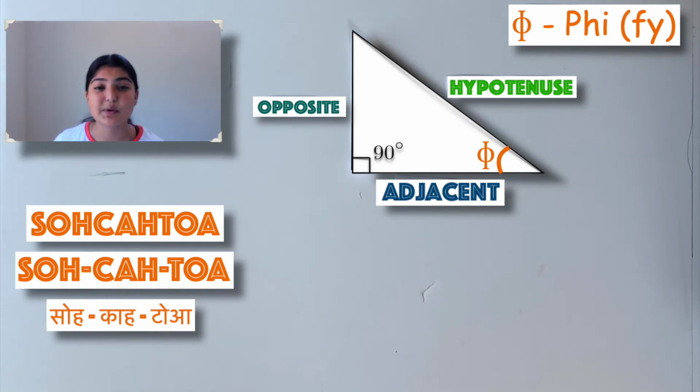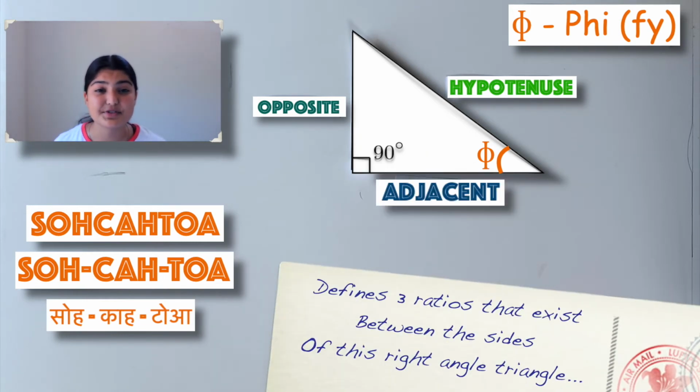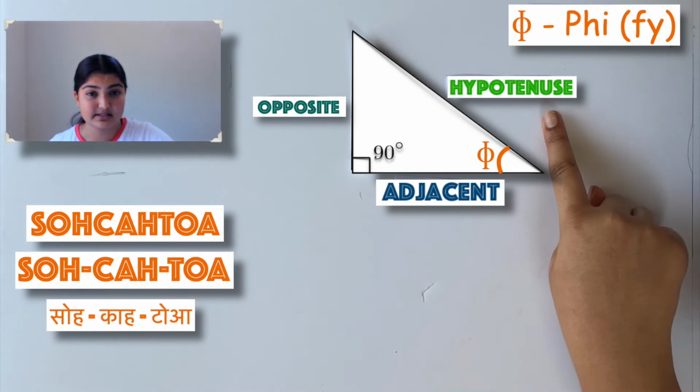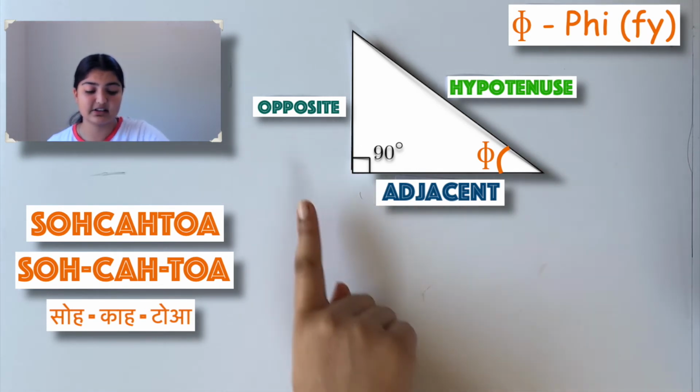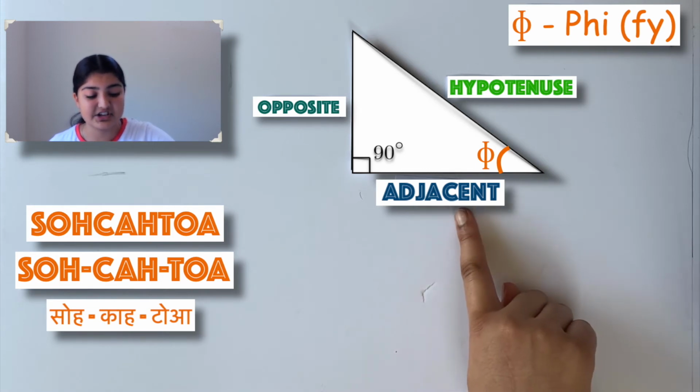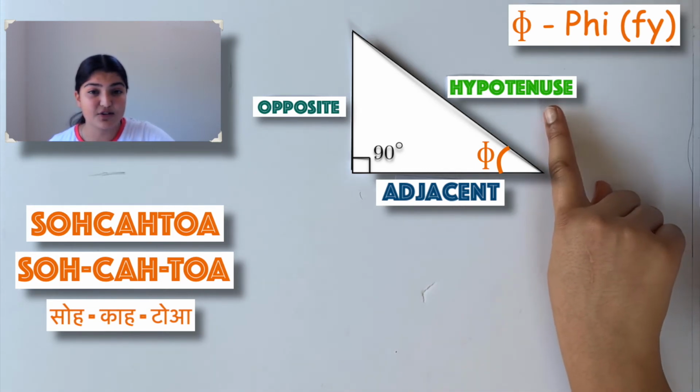So, SOHCAHTOA defines 3 different ratios that exist between the sides of this right angle triangle. Opposite over the hypotenuse, opposite over adjacent, and the adjacent over the hypotenuse.